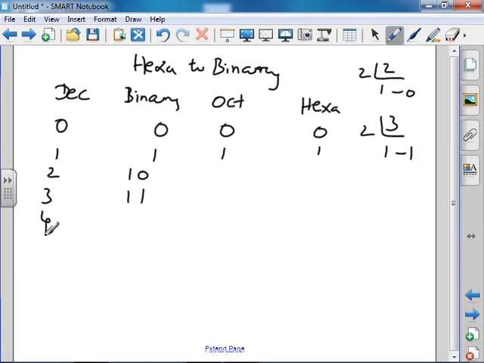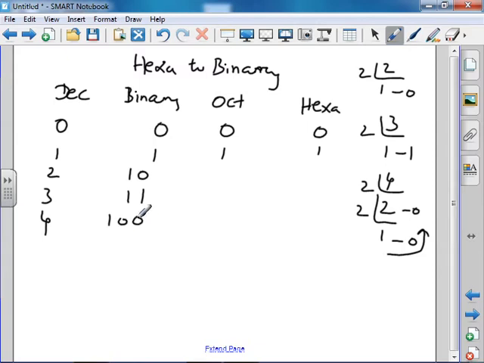Then 4. Same thing: 4 divided by 2 gives 2, remainder 0, then again divide 2 by 2, you will get 1, remainder 0. Write the answer from bottom to top, you will get 1 0 0.